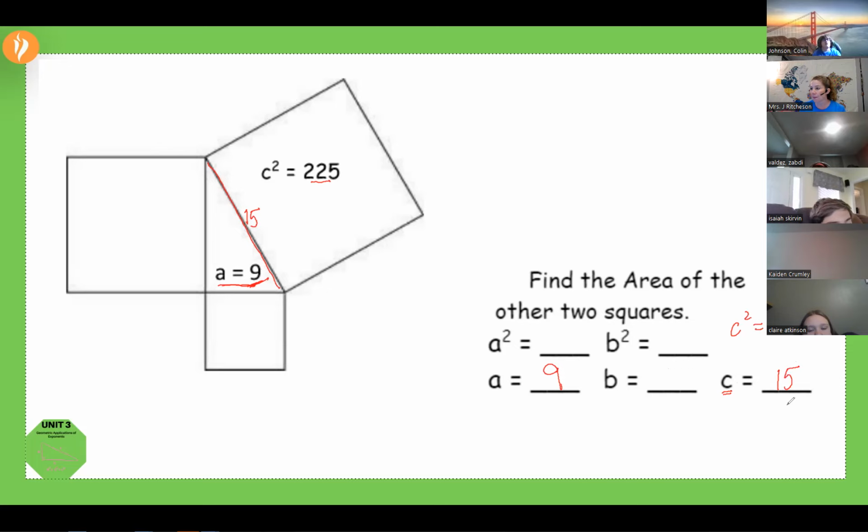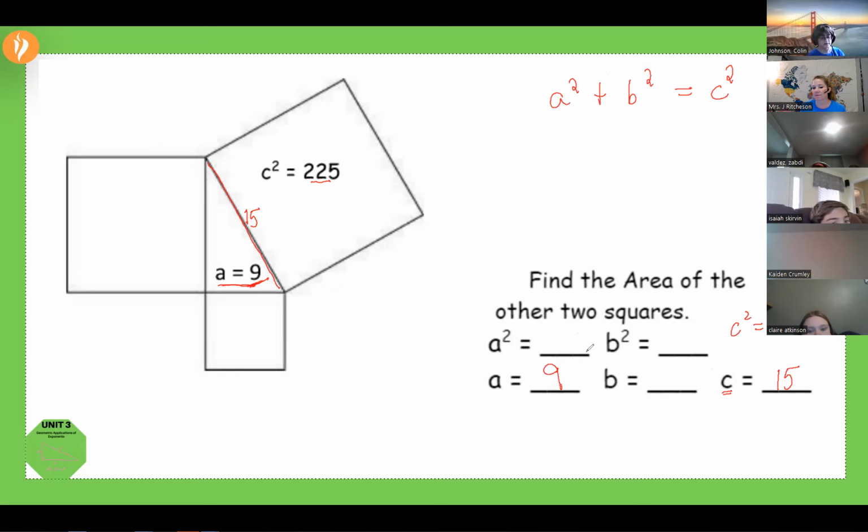Now, do we have enough information to figure out the rest of these blanks? Yes. What are we going to do? Tell me what to do, Colin. First off, let's do A squared. So basically we do 9 squared.